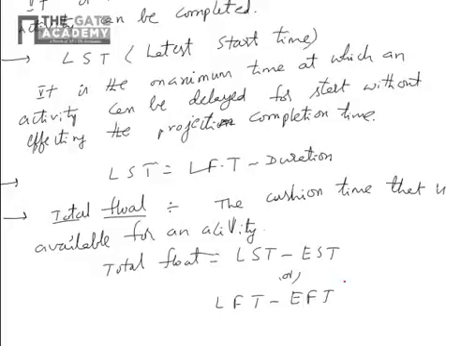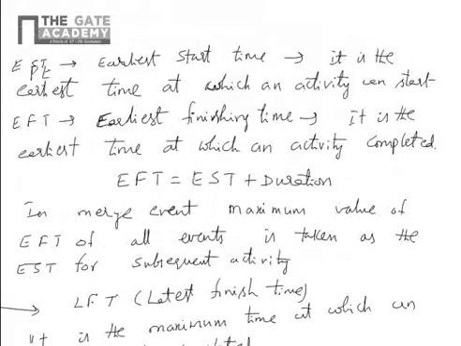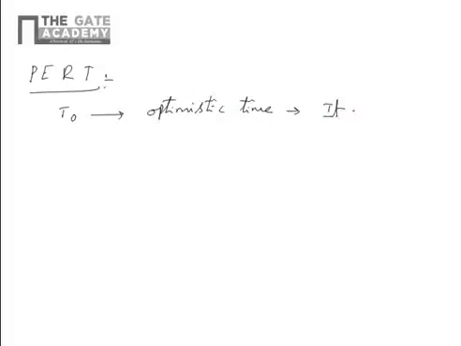As I mentioned in the first definitions, PERT is a probabilistic time model, program evaluation and reviewing technique. There are three times which are used in PERT. One is optimistic time.